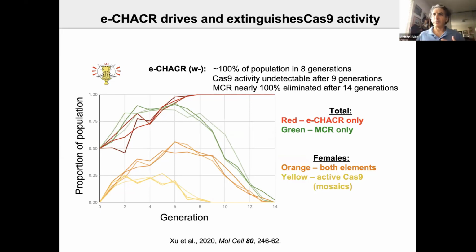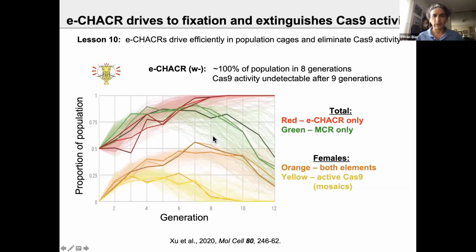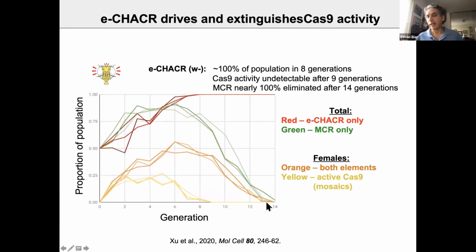My prediction had been that the gene drive would go up to some point and then stay flat, because the eCHACR isn't trying to cut it out like the ERACR is. But again, because it's creating that damage, I could understand that there'd be a dip like we saw down here. So this level is kind of consistent with the modeling. You can see there's a lot of spray in this, but it's kind of in the middle of where the modeling would be. But the modeling does not take it down, based on the parameters that we use, to zero. So we don't understand what is going on there.